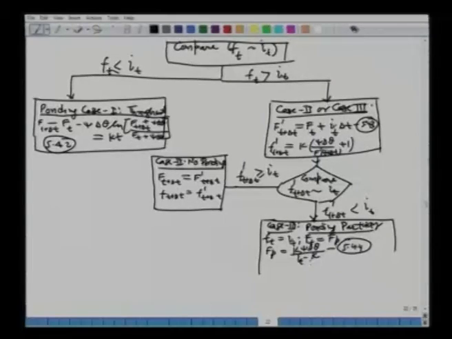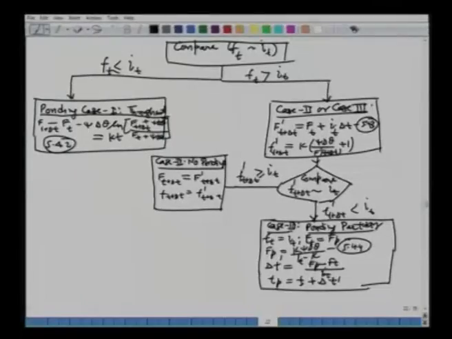You can look at these equations, and then once we have that, we can find out delta t prime from our ponding time equations, and that would come out to be F p minus F t, which we have just found, divided by I t. And then the exact time to ponding would be t at the beginning of that time interval plus delta t prime, which you have just found out. So, this way we can find the exact time to ponding for case 3, in which the ponding starts somewhere in between in that particular time interval.